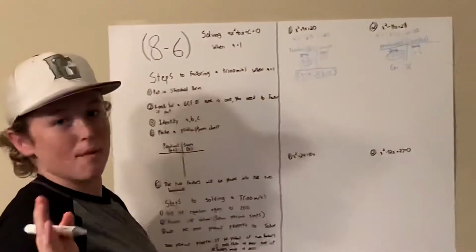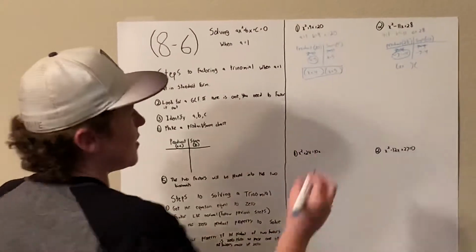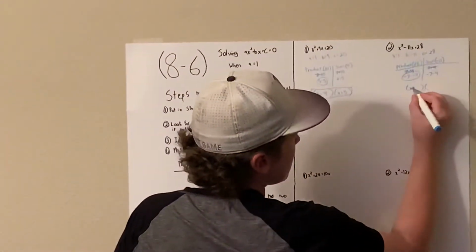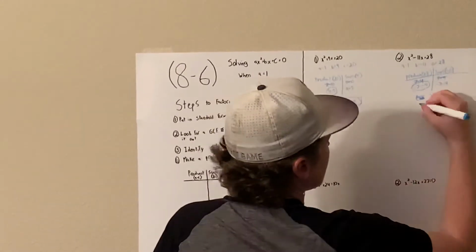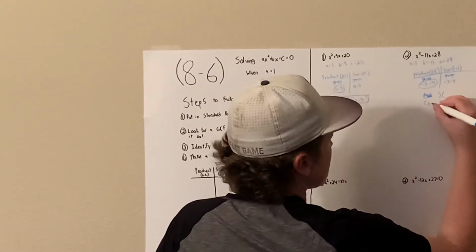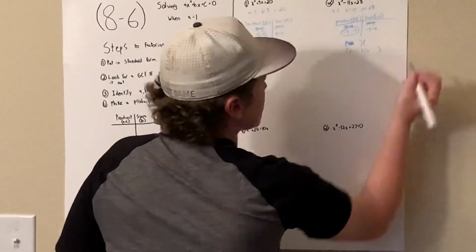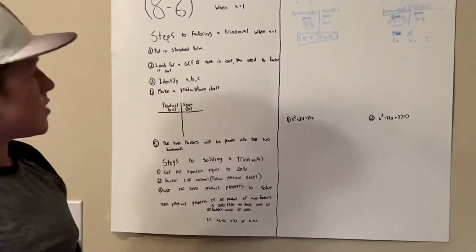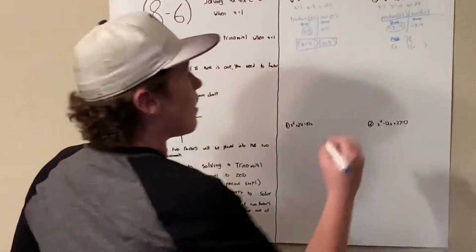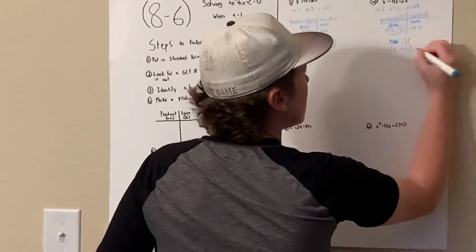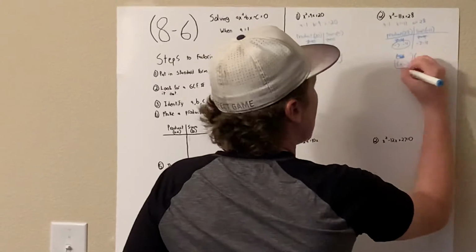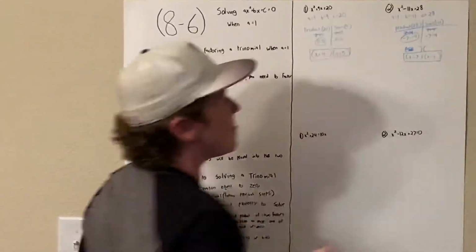Actually, it would not be x plus. Since it's a negative, it would be x minus. Let's just do x first. X and x. Our two numbers are negative 7 and negative 4. Plug them in, and that is your answer.